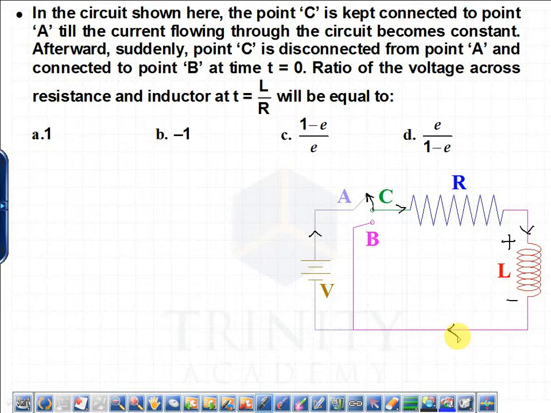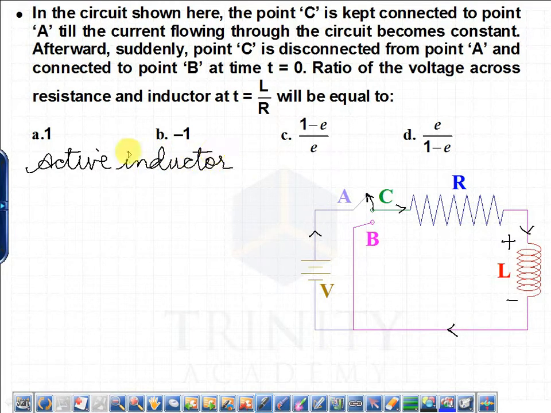After some time, the current will become steady. The most important and noteworthy point of this initial part of the circuit is that initially the inductor gets charged, and after the saturation current or steady current is obtained, it is known as an active inductor.